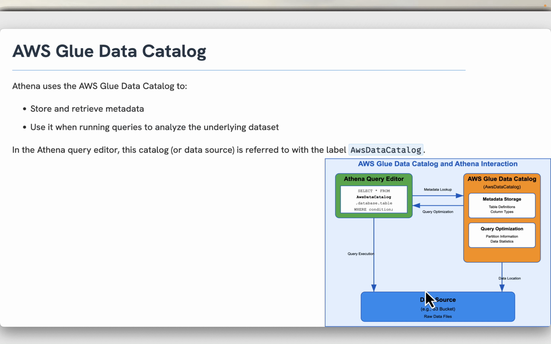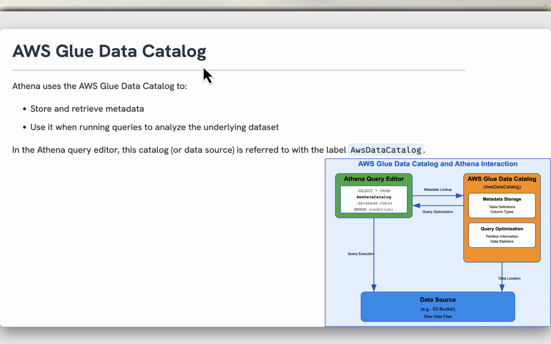Okay, AWS Glue Data Catalog. Athena uses the AWS Glue Data Catalog to store and retrieve metadata and uses it when running queries to analyze the underlying dataset. In the Athena Query Editor, this catalog or data source is referred to with the label AWS Data Catalog. So Athena is tightly integrated with the Glue Data Catalog.